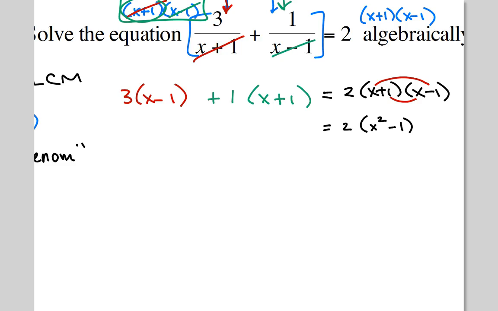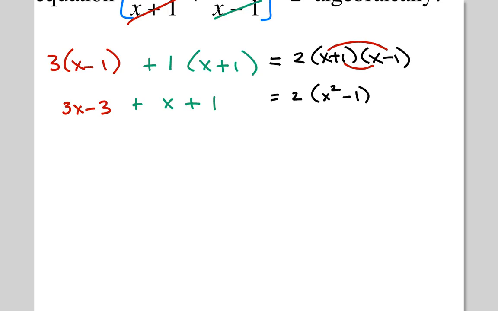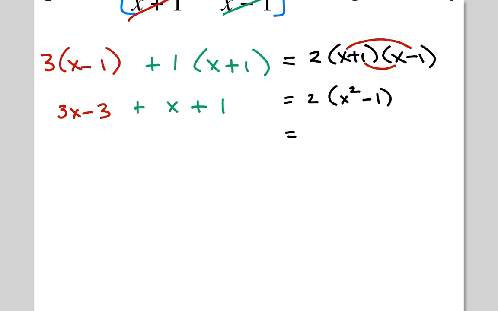Now let's go to the left side. Joel, what is the first one? Very nice. Jolene, what's the next one? Very nice. Jacqueline, on the right side, please distribute. The right side only.